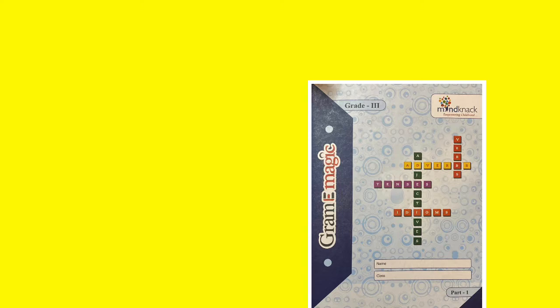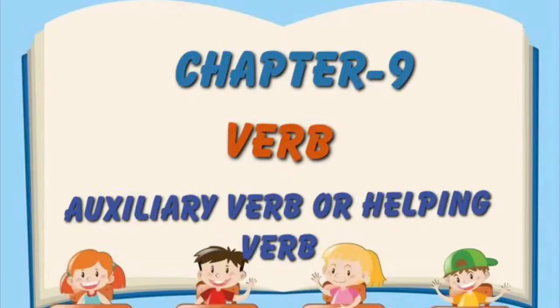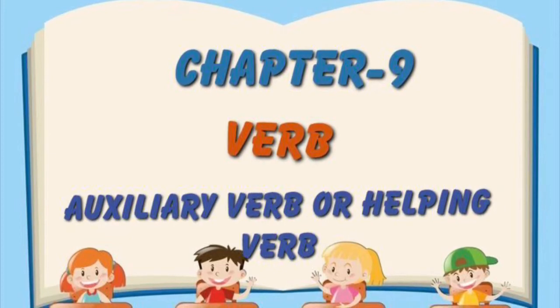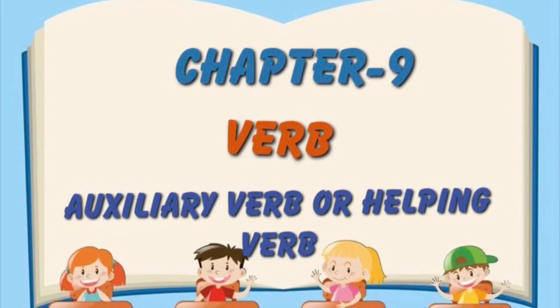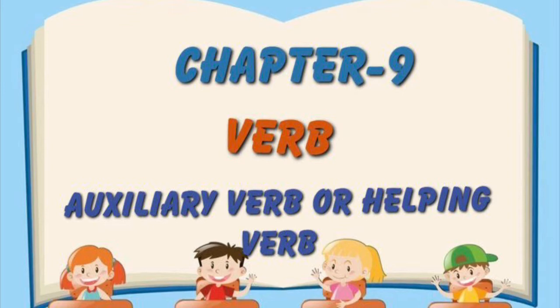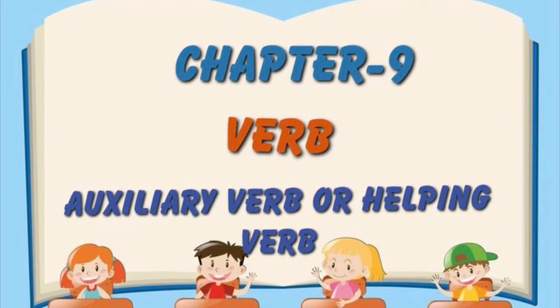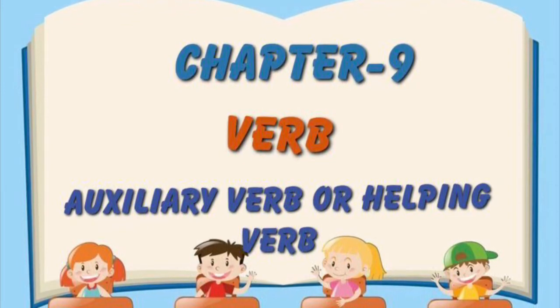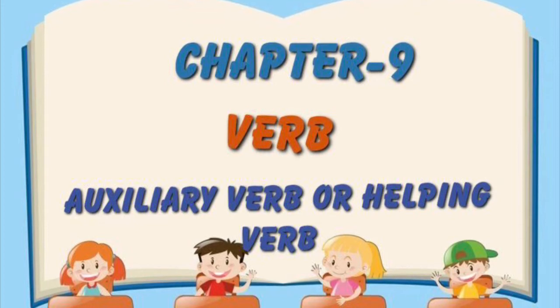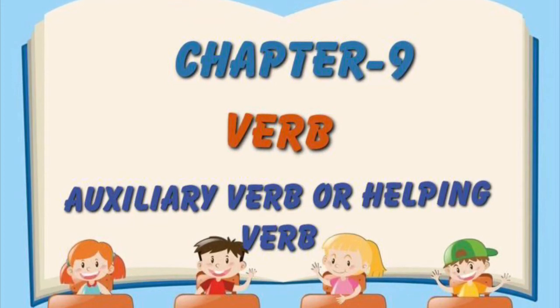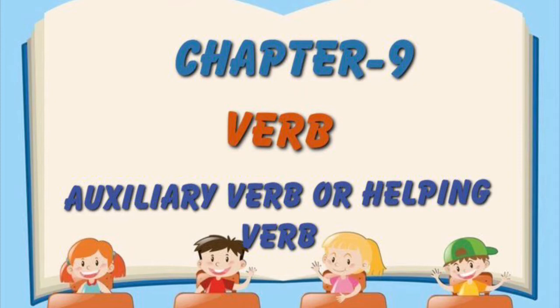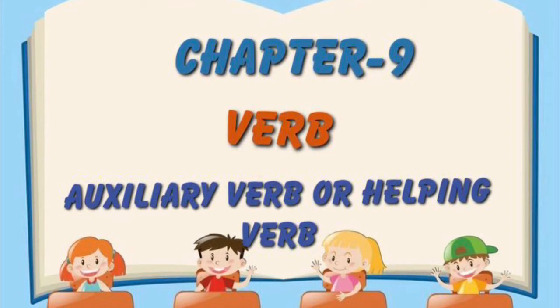So, today we are going to start with our English language book as we are going to discuss chapter 9, verb. Today, in this video, we are going to discuss auxiliary verb or helping verb. I know we have discussed auxiliary verb and helping verb yesterday also.